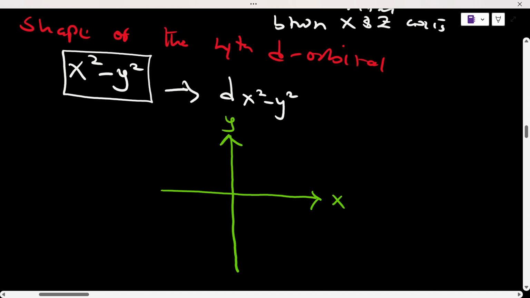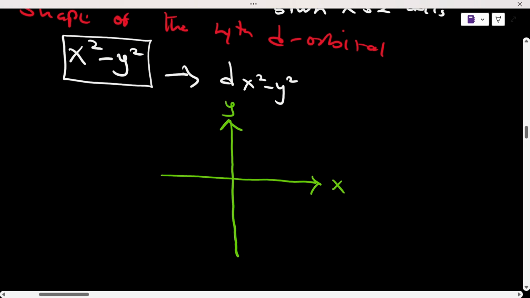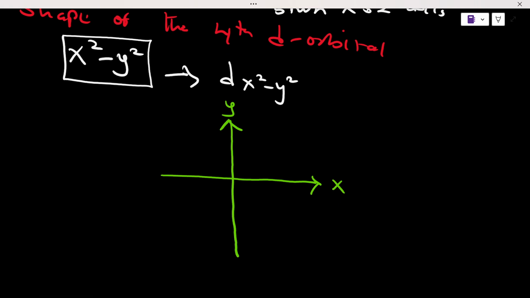This one is y. But now what you have to know, the dx squared y squared is not found within this space. Because it is a plane, when drawing it in 2D, it may appear to be occupying that given space. So this is how we are going to sketch it.